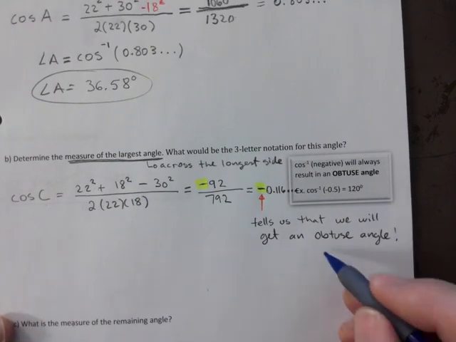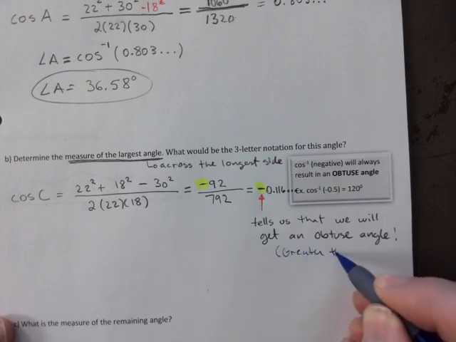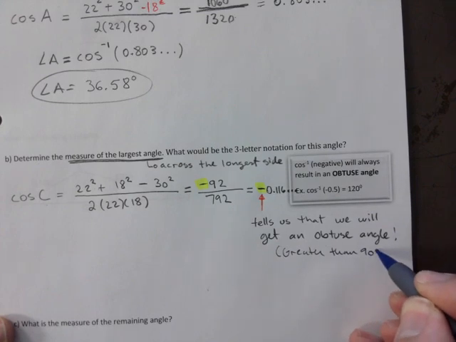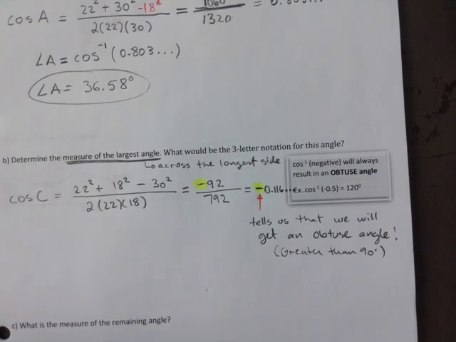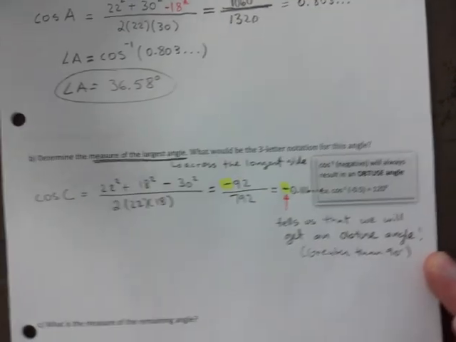What's obtuse? Greater than 90. Greater than 90 degrees. That's all we know about that scenario. That's why it's there.